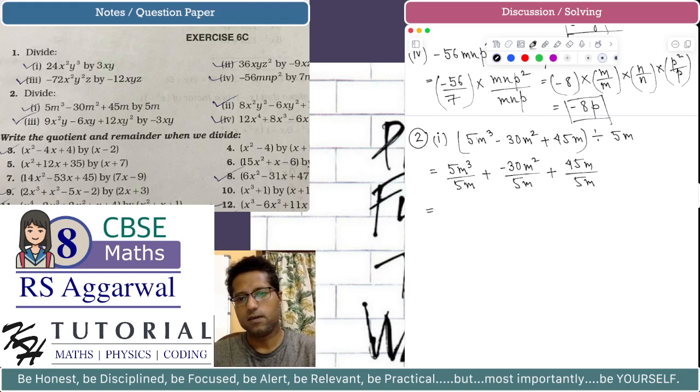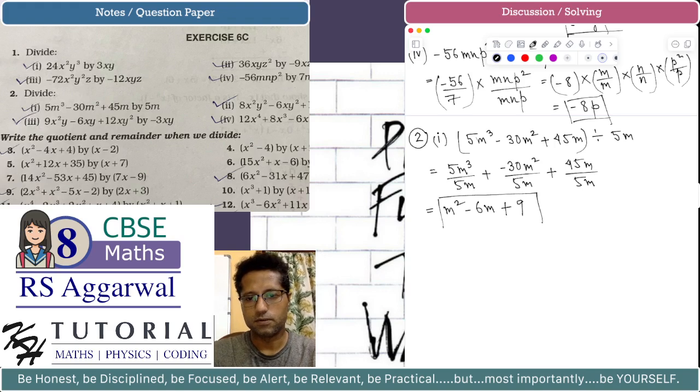If you simplify using the laws of exponents and the cancellation of the numbers, we get 5 cancels out and m cube by m is m square. For the second term, minus 30 by 5 is minus 6 and m square by m is m. And for the third one, 45 divided by 5 is 9 and m by m cancels out. So this is the result.